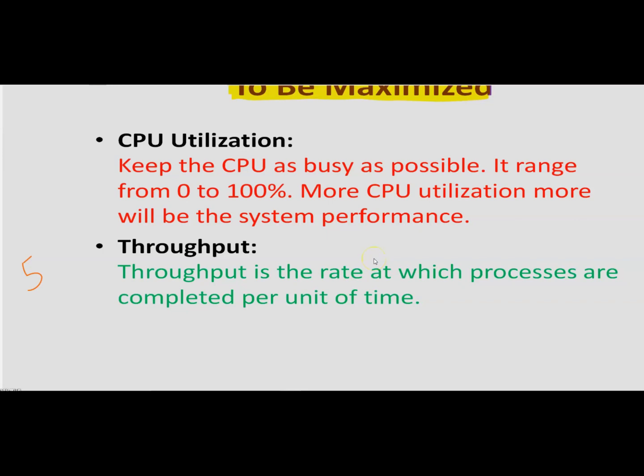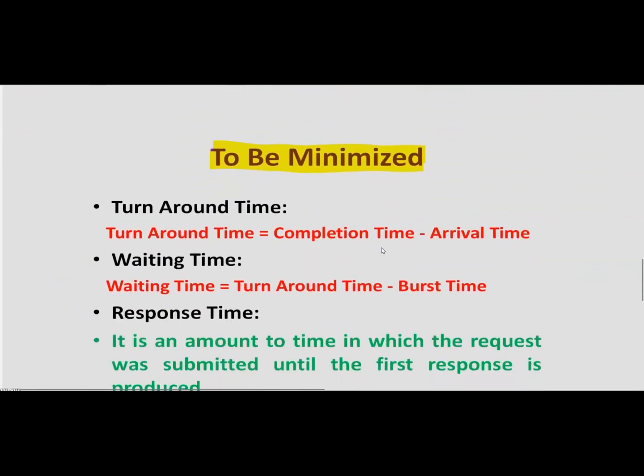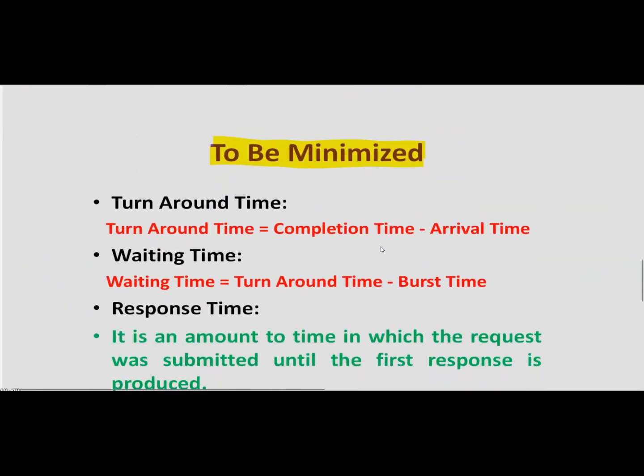If out of 5, only 4 or 3 complete their execution, and I'm left with 1 or 2, then in that case we will not say that our system is a fair system. So if a total of 5 processes are there, all 5 should complete their execution. This is called throughput.